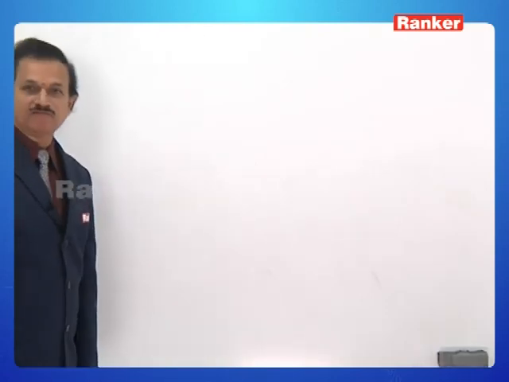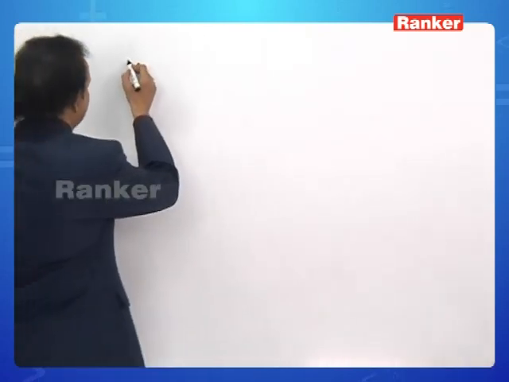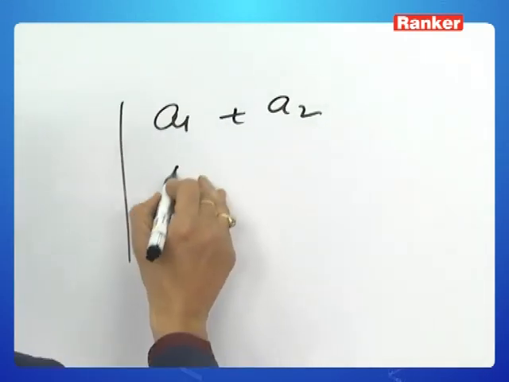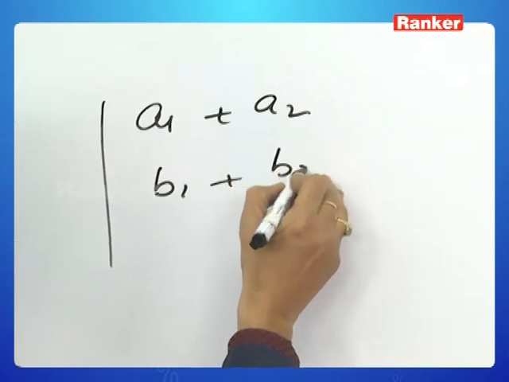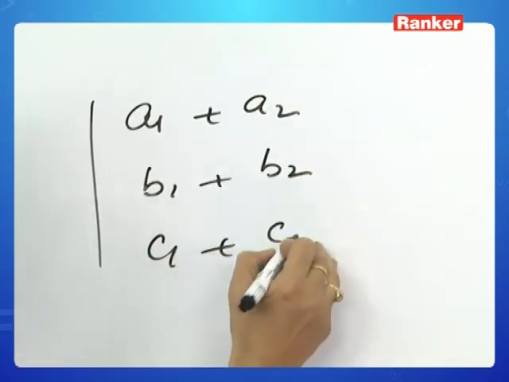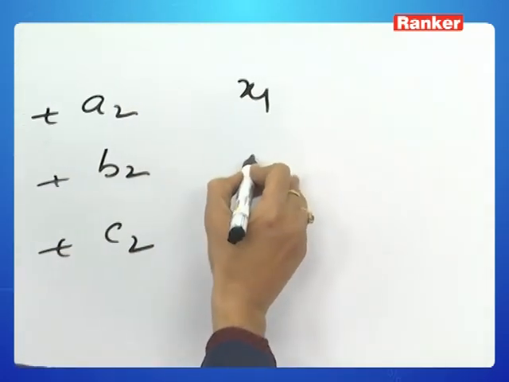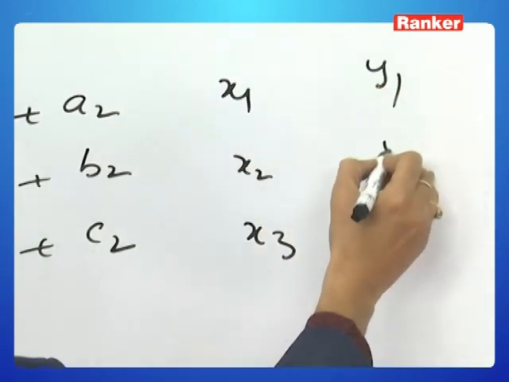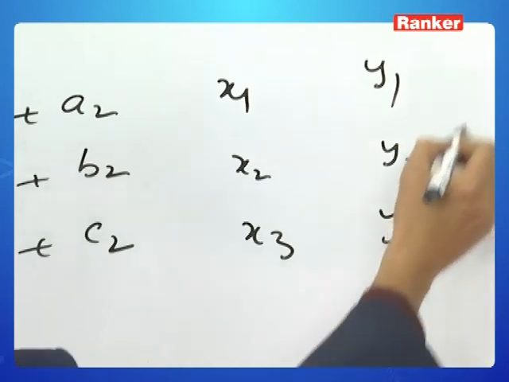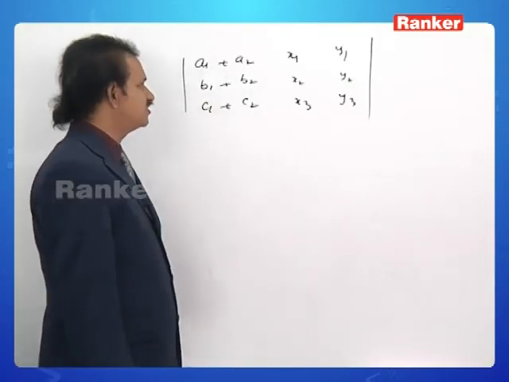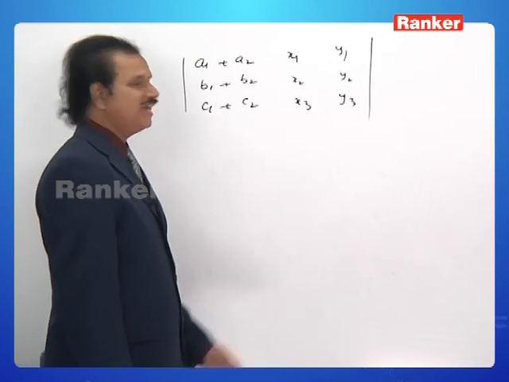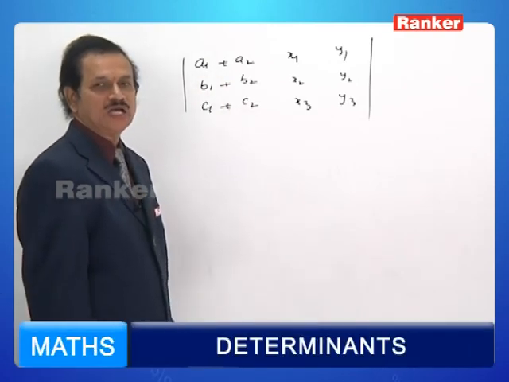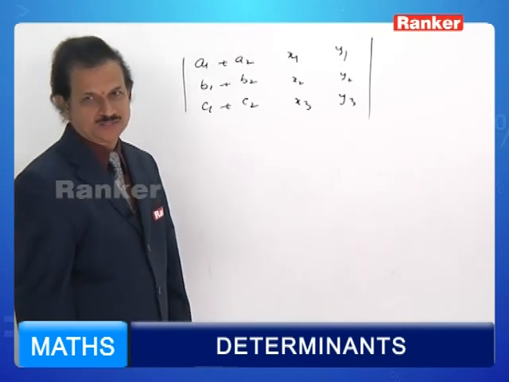Next, one more property. You observe this determinant: A1 plus A2, B1 plus B2, C1 plus C2, X1, X2, X3, Y1, Y2, Y3. What is the specialty in this determinant? The elements of the first column appear as the sum of two different elements.